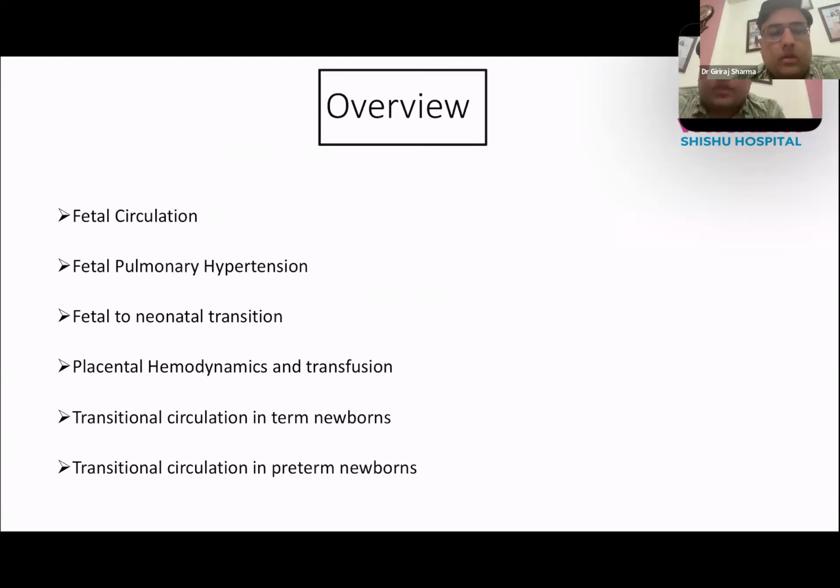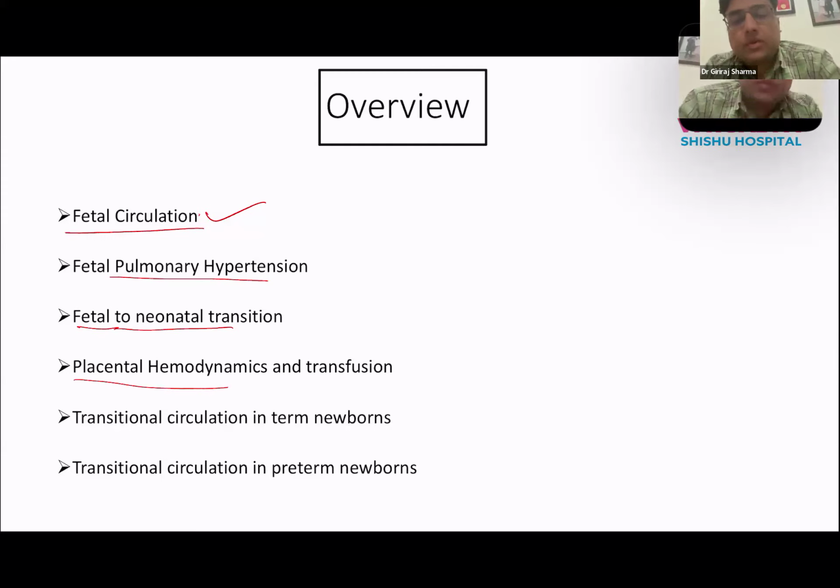So, we'll talk about fetal circulation. How is it different from neonatal circulation? Physiological pulmonary hypertension is there in the fetus, and then fetal to neonatal transition. What are the changes that happen?